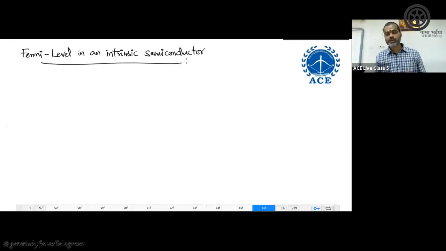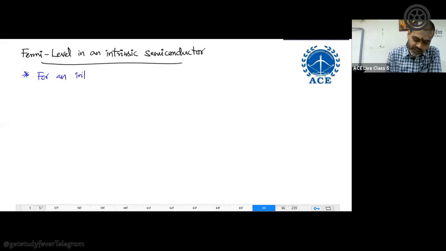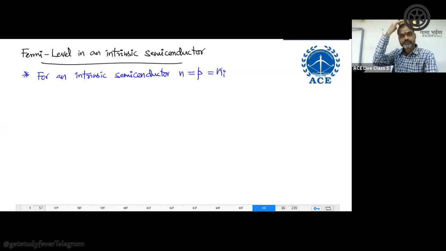N is equal to P is equal to Ni. From that we can derive this. A simple mathematical rearrangement, you can get it. So let me write that first. For an intrinsic semiconductor, we can say N is equal to P is equal to Ni.